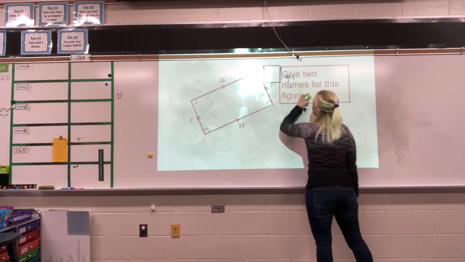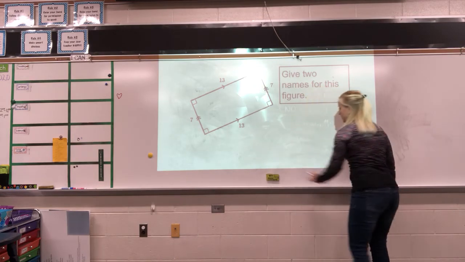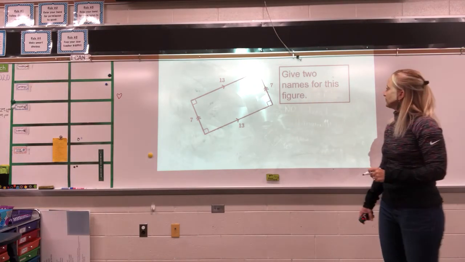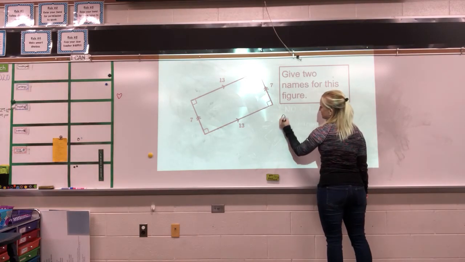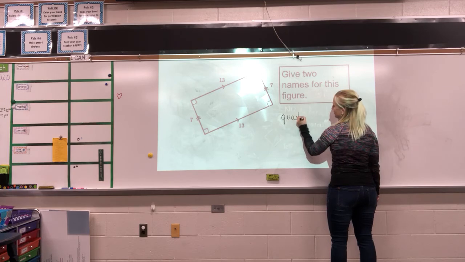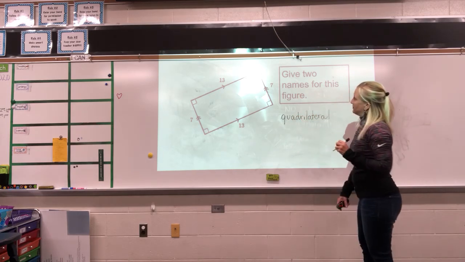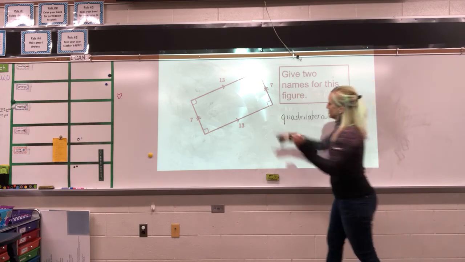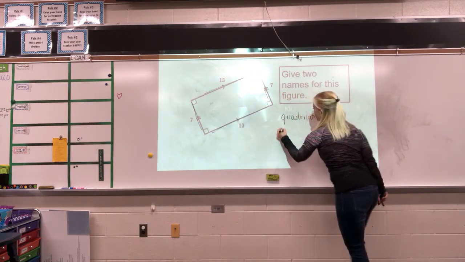Last problem here. So can you give 2 names for this figure? And we might be able to even give more. Okay, so first, it's a 4-sided shape, so it's going to be a quadrilateral. Then, it's got 2 sets of parallel sides, so it's a parallelogram.